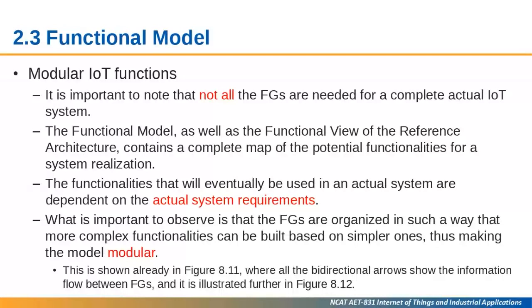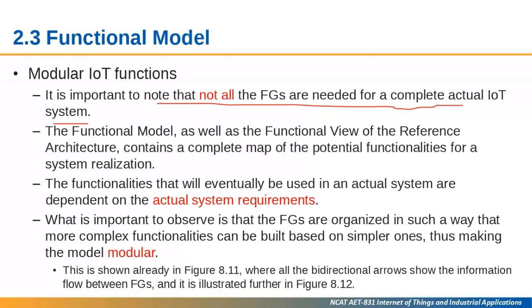One thing we would like to mention here is that not all the functional groups are needed for a complete actual IoT system, because we're talking about the reference model here, right? We mentioned that the reference model is the complete template, the complete blueprint for you to start with. Basically, it lists all the options you can have.